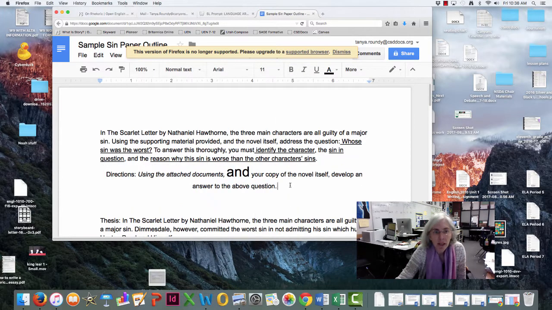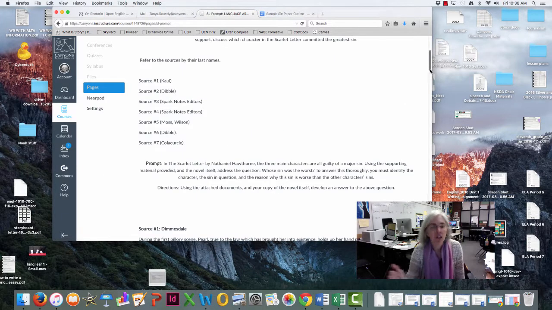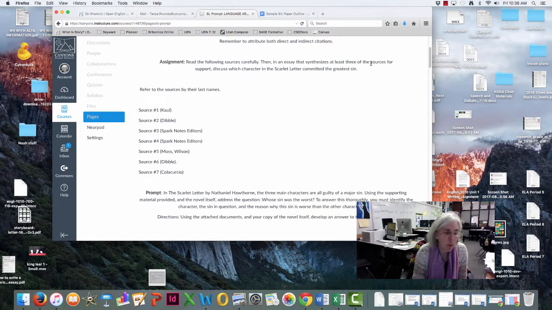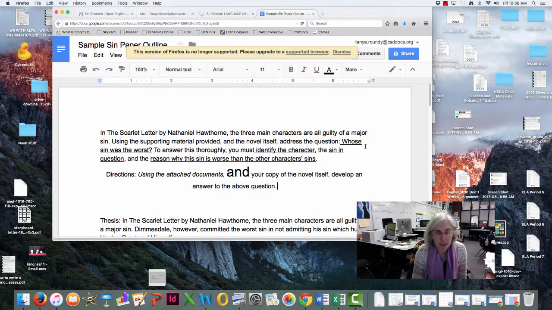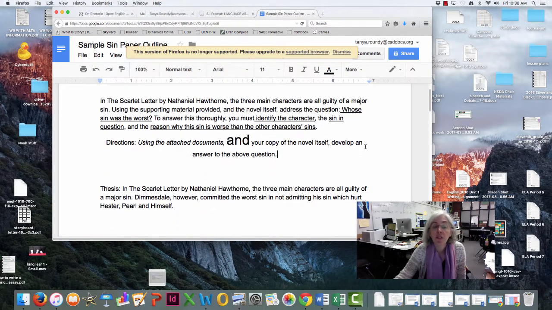The next part is your thesis. Thesis is just like our journals now, just like any other paper. We rewrite the question into the answer, doing what we need. So for this case, I personally am just going to copy and paste this very first sentence in as my opening piece. You could use any information you want.